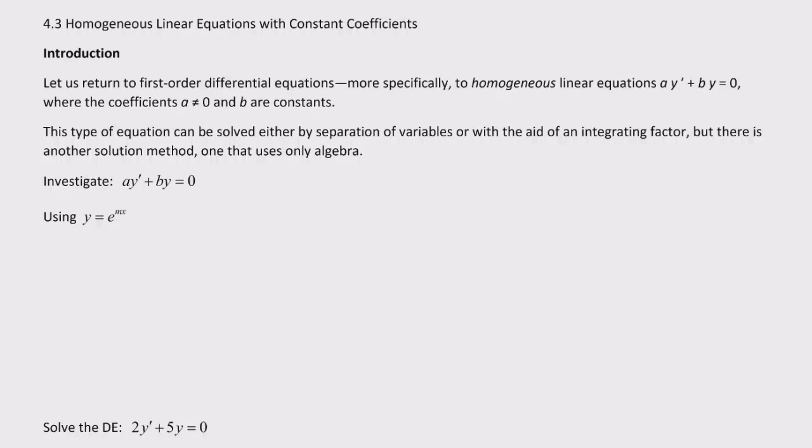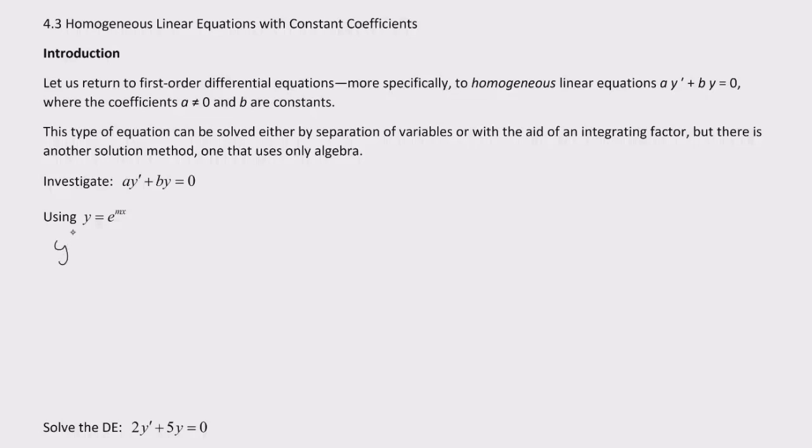So let's manufacture a what-if scenario and make a couple of observations. Let's say I've got one solution of e^(mx), and I want to see, in the general format, what patterns I could recognize.